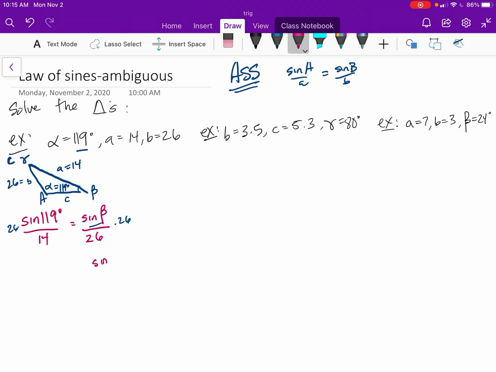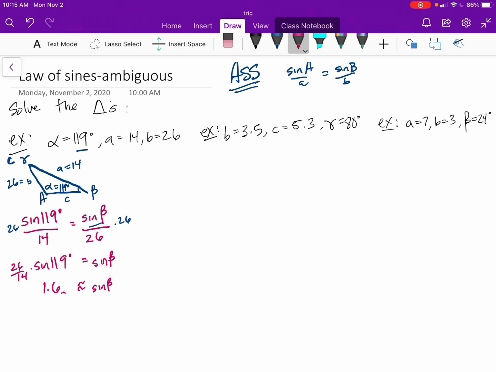So sine beta equals 26 over 14 times sine of 119. I need a calculator. Make sure you're in degrees still. Most of these law of sines and cosines problems are typically in degrees. So you get about 1.6 something. So sine beta is approximately 1.6 something.